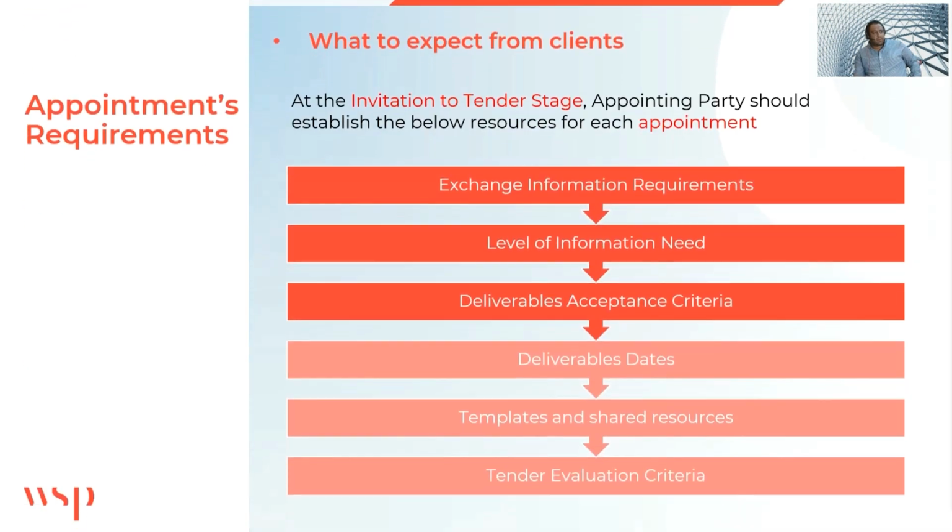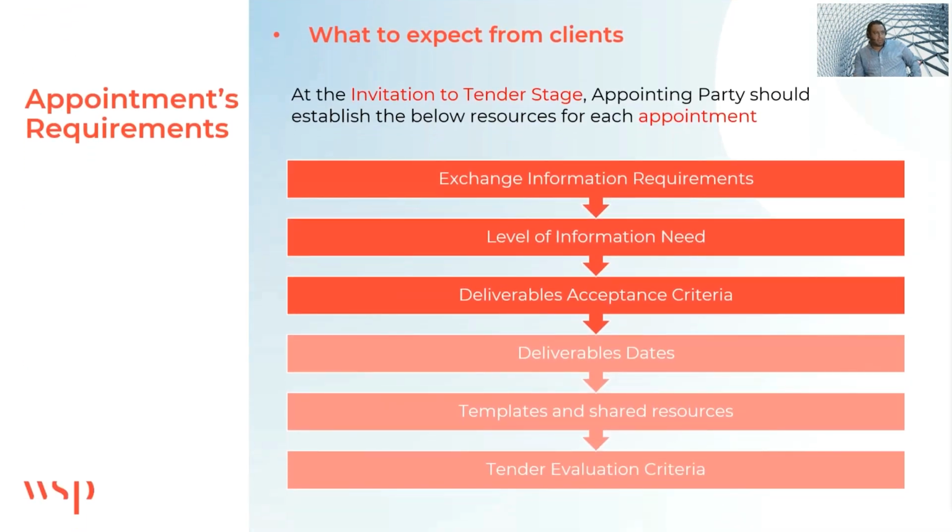But then when it comes to the appointment, there are additional set of documents that are also required. So in any contract, we should expect to see the exchange information requirements. Together with it, we should see level of information need. We should see deliverables, acceptance criteria.